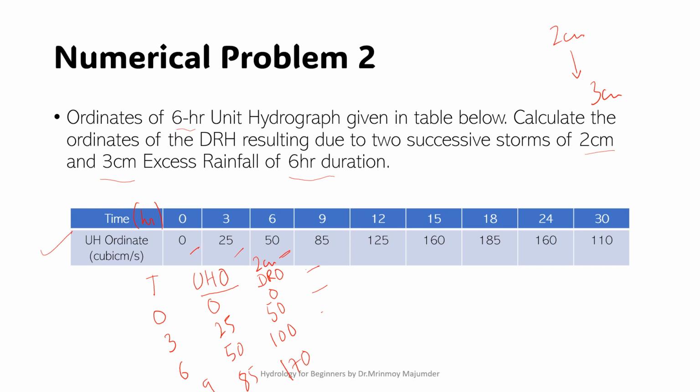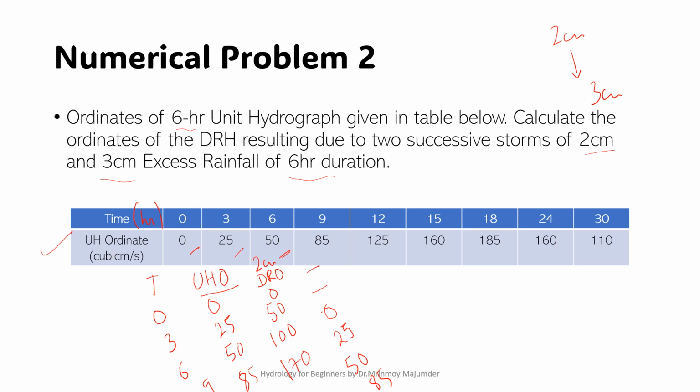So first I will write the 6 hour lagged hydrograph. So this will be our 0, this will be our 25, then this will be our 50, this will be our 85. Correct? So I'll leave the first two rows and then write the same unit hydrograph again.